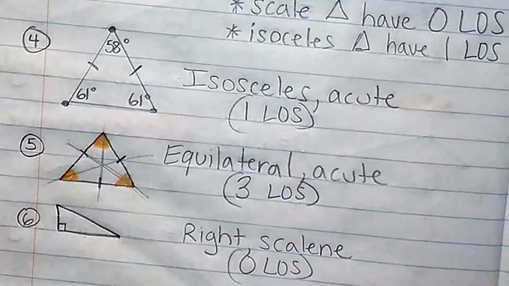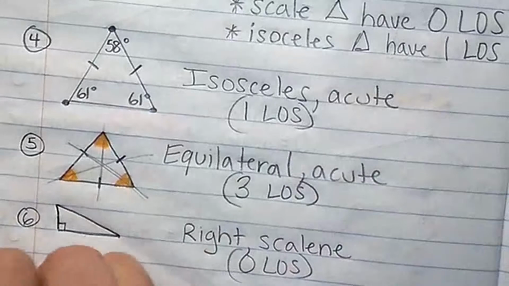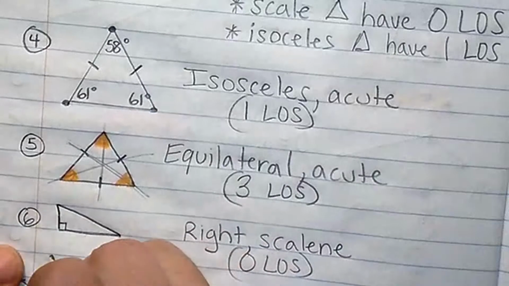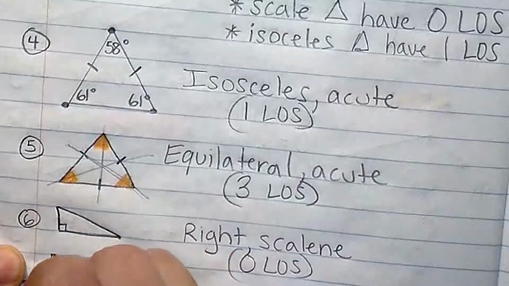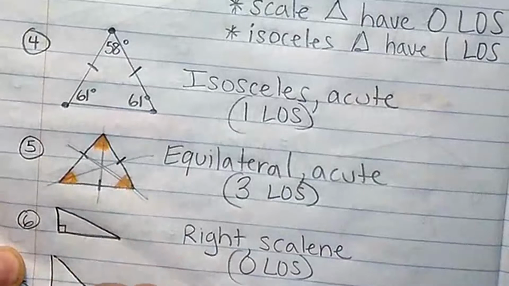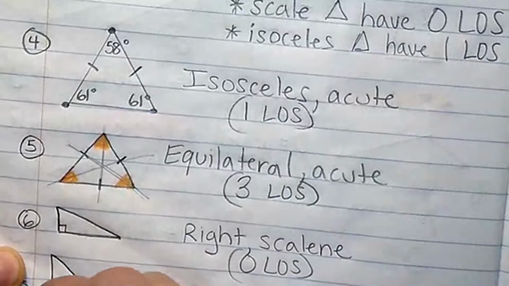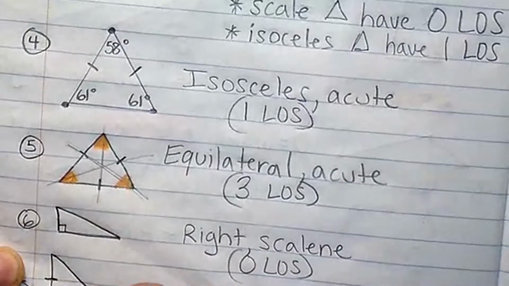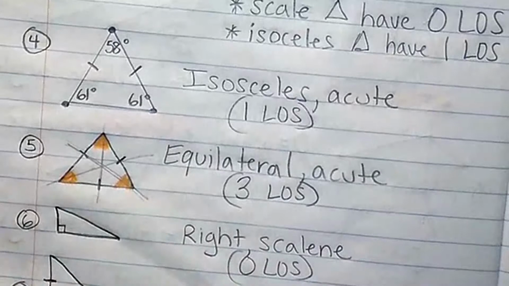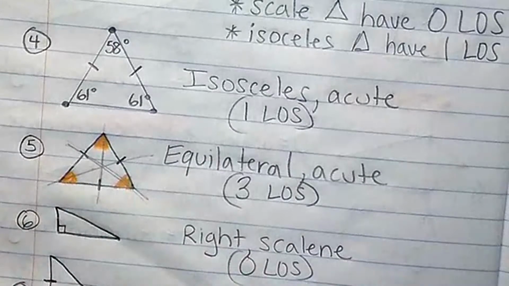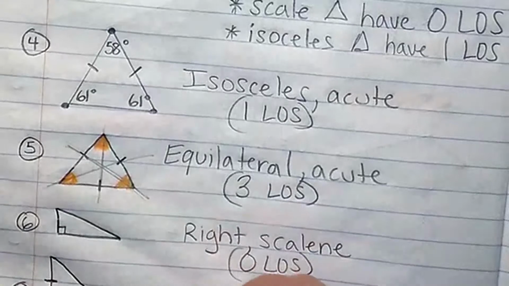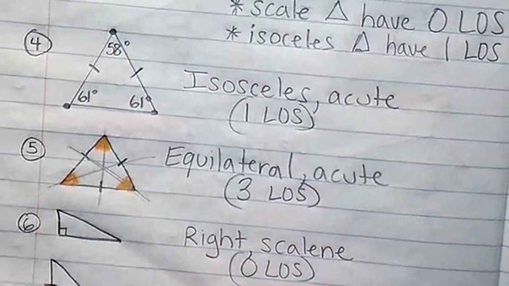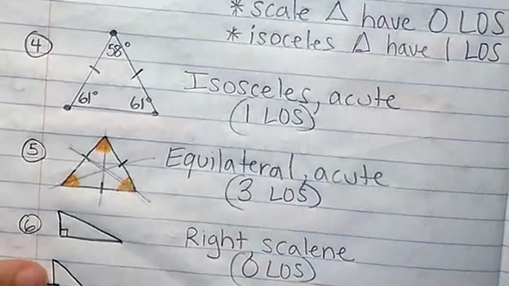Okay, last one in our notebook. Here's number 7. I'm going to make this one a little bit bigger than the last one. I gave you 2 clues. This is your first clue, so we know it's a right triangle. This is your second clue.